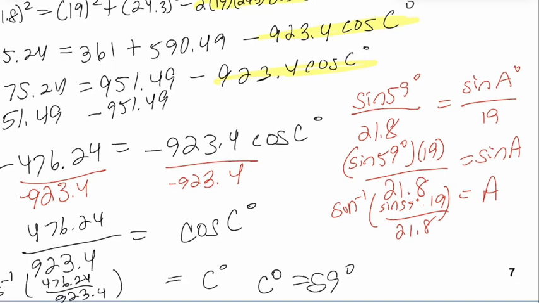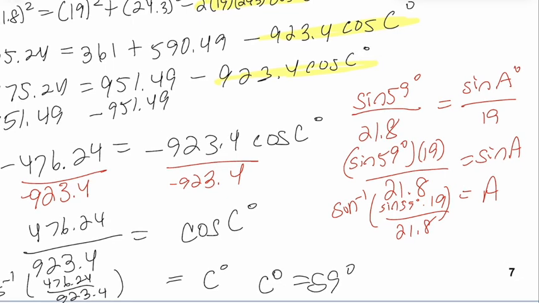Sorry, I've kind of run out of room a little bit. Okay, so the inverse sine of the sine of 59 times 19 divided by 21.8 is 48.3. We'll round that to the nearest degree.